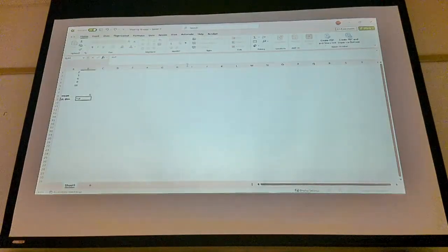Just add them up and divide by 5. This might be a bit of a problem, so I'm going to use Excel.